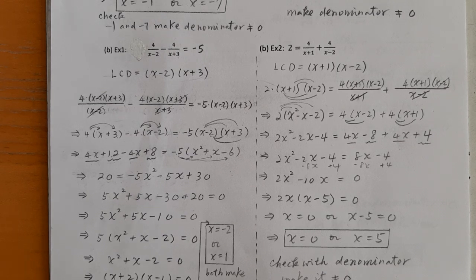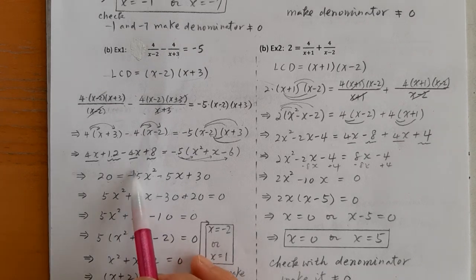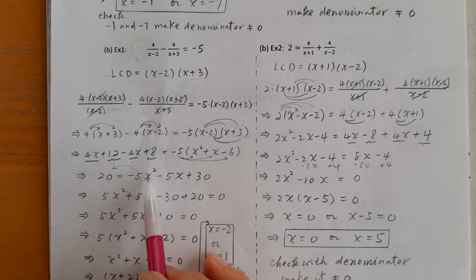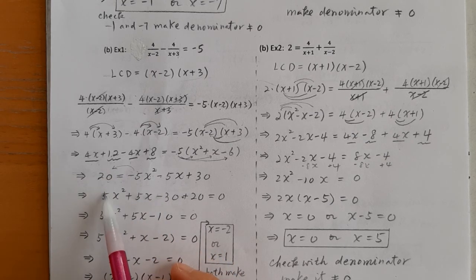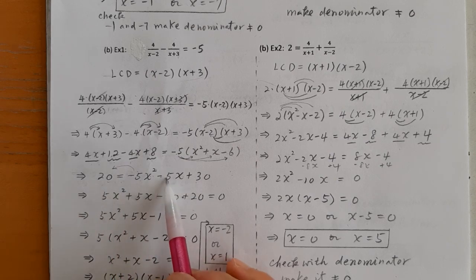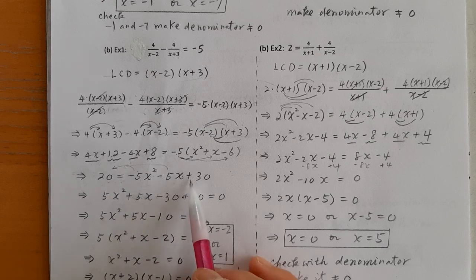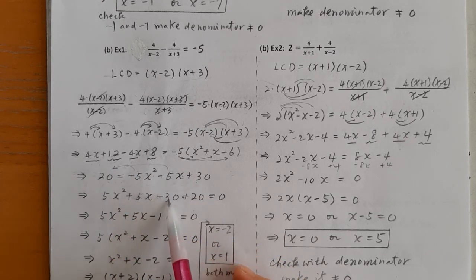Then put it in standard form. So I move these terms to the left. The quick way: negative 5x squared, move to the left, changes to positive 5x squared. Negative 5x, move to the left, changes to positive 5x. Plus 30, move to the left, changes to minus 30.